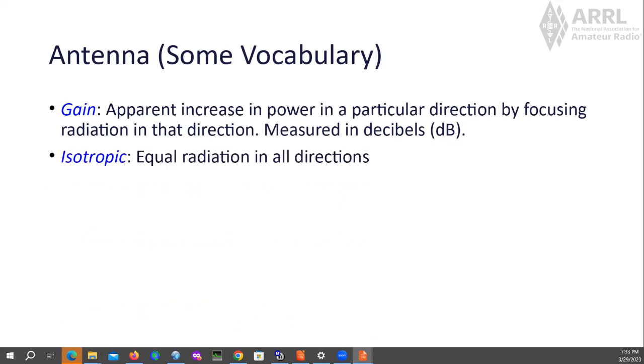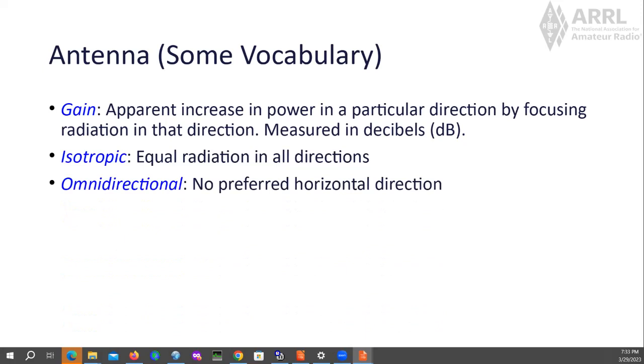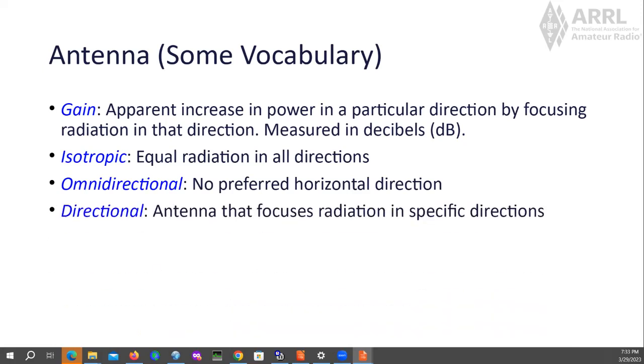Isotropic: equal radiation in all directions. And omnidirectional: no preferred horizontal direction. Directional: an antenna that focuses radiation in a specific direction.